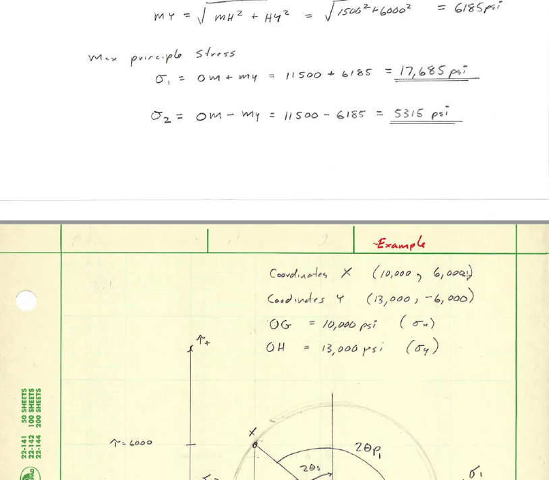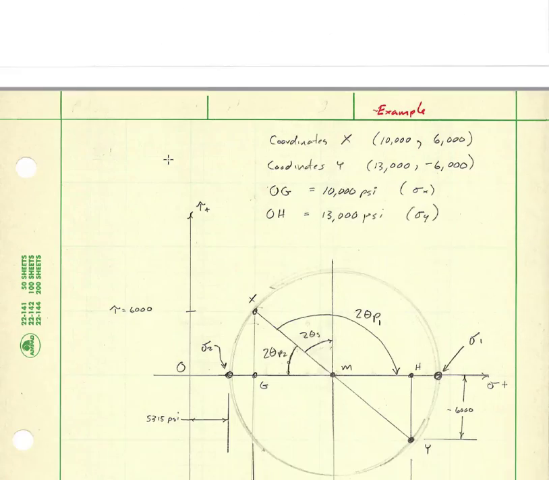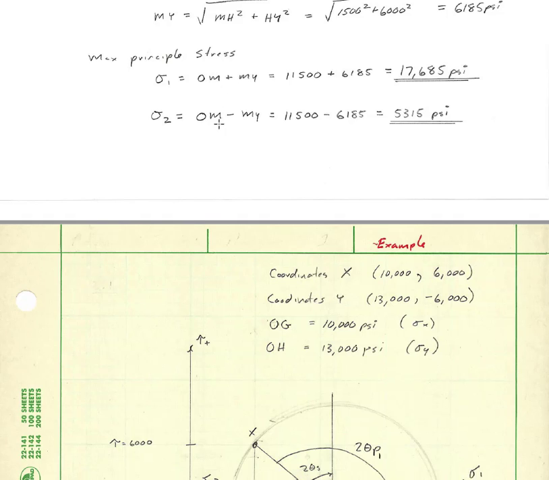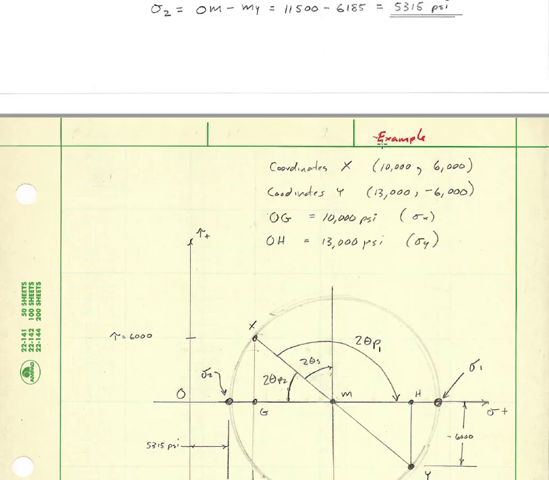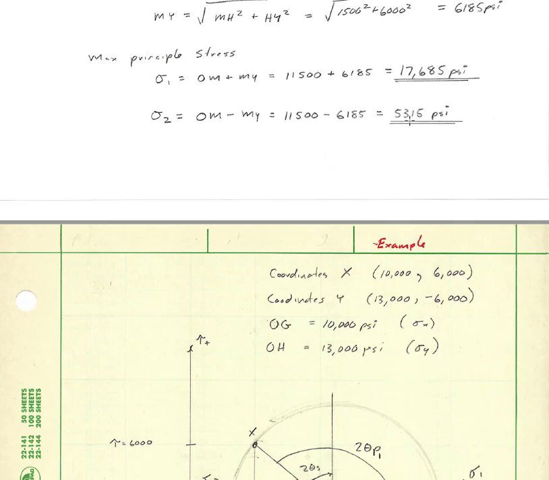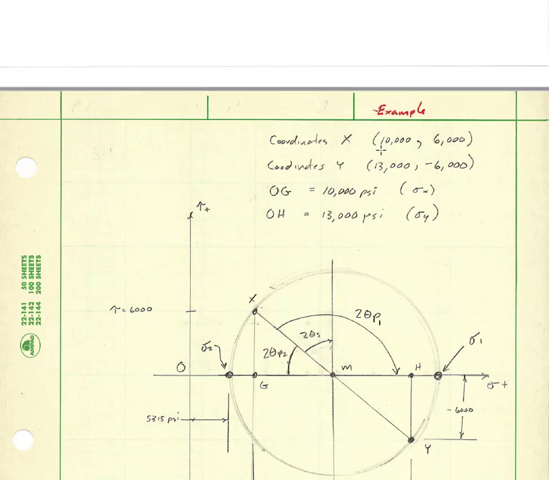That gives me 17,685. And then sigma 2 is OM minus MY, which gets us back to sigma 2, which is 5,315 psi. Now, isn't that a little bit easier than the formulas of 17.7?